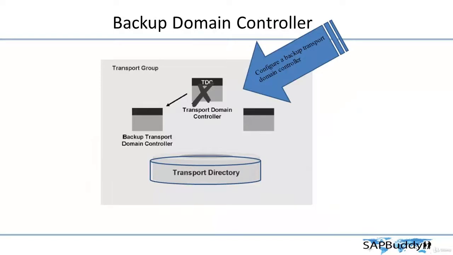Now let's see the backup domain controller. Let's assume an SAP system acting as the transport domain controller fails, then no changes can be made in the TMS configuration. So SAP recommends you to have a backup domain controller, which can take over the function of the domain controller in case this type of failure happens in your transport domain.